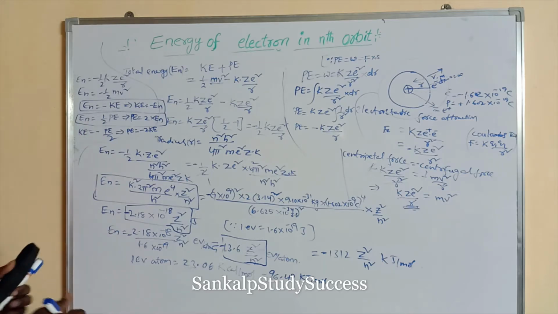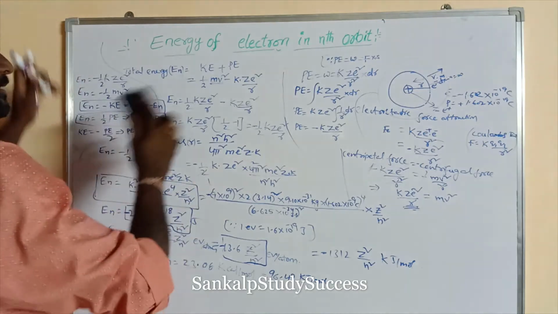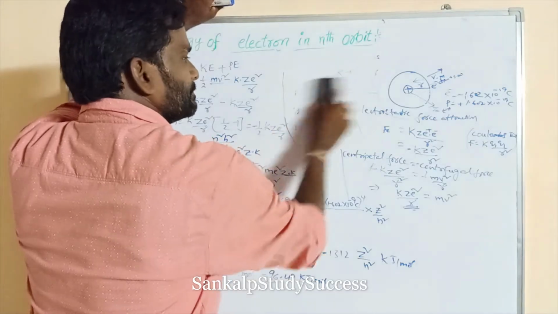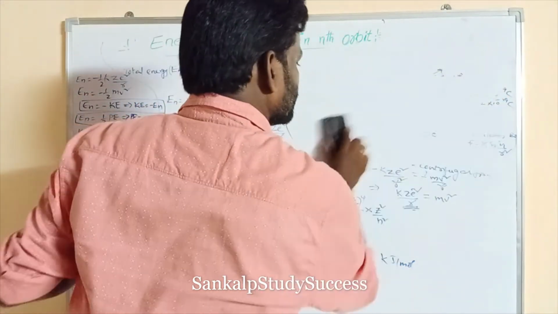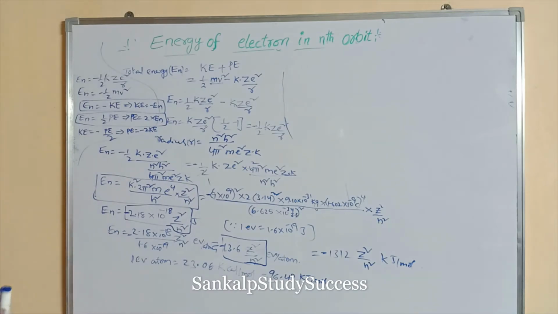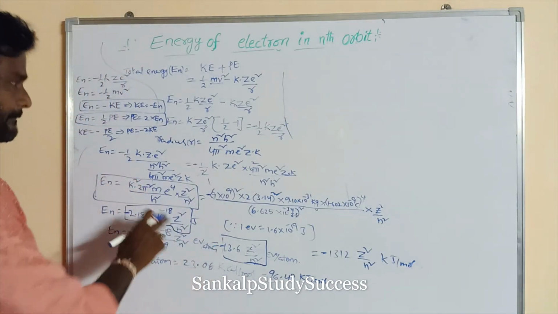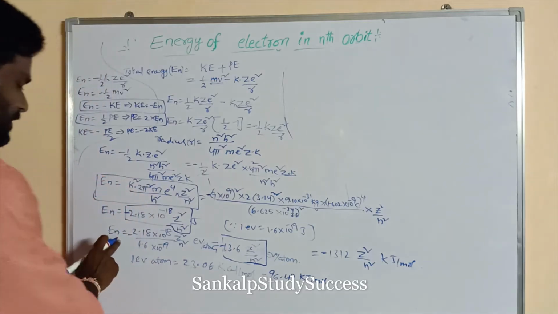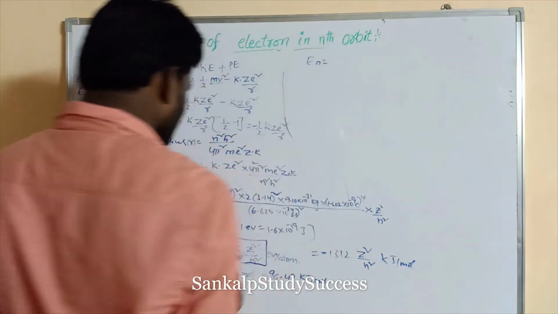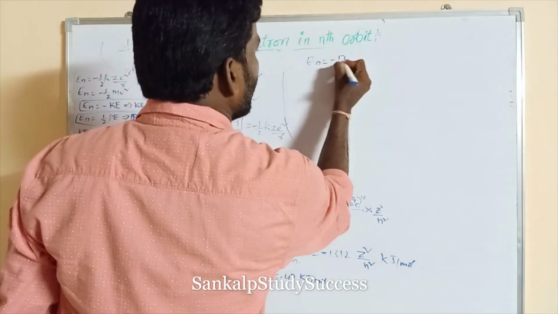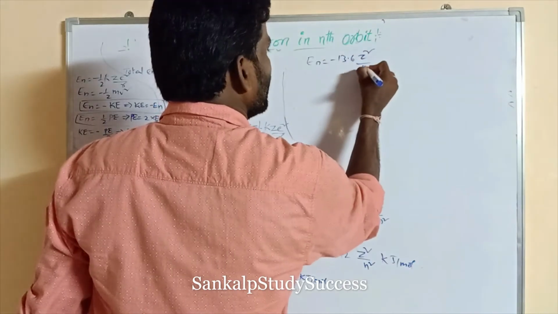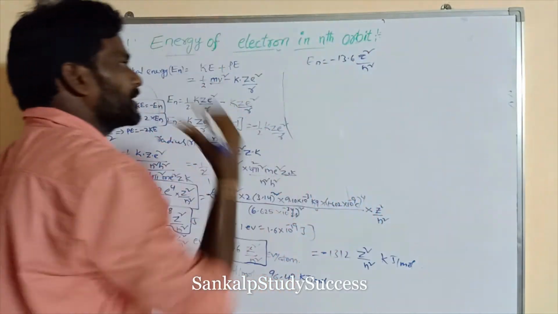Now, listen to me. What is the formula for the energy of the electron in the nth orbit? En is equal to minus 13.6 into Z square by n square, electron volt per atom.